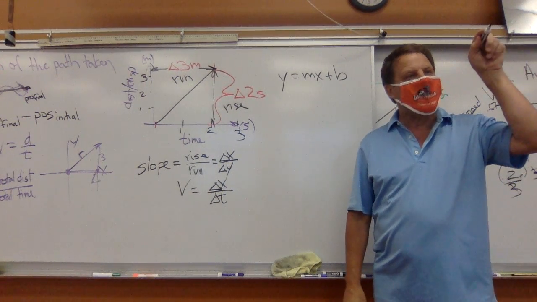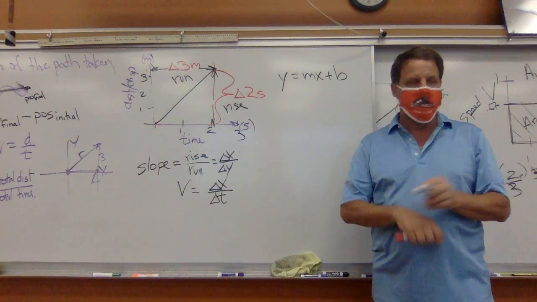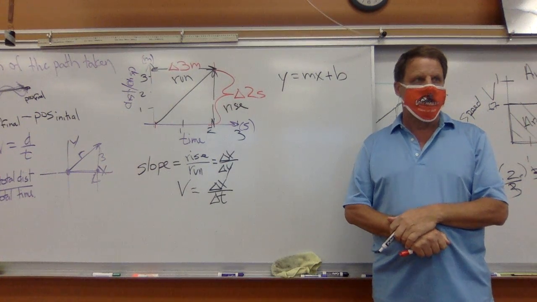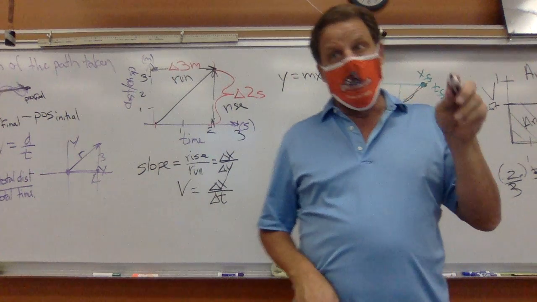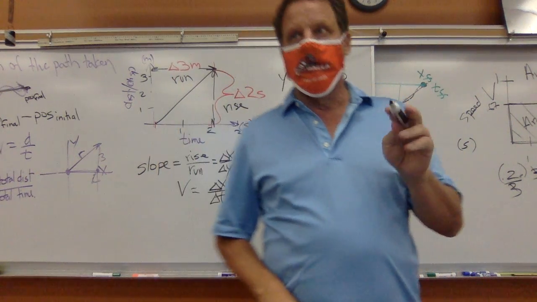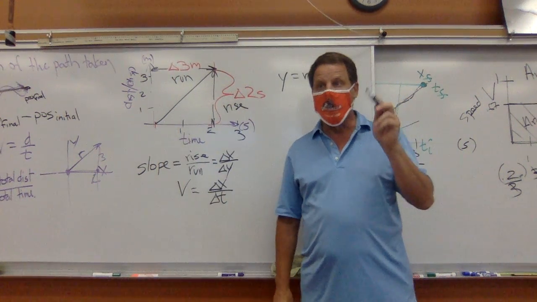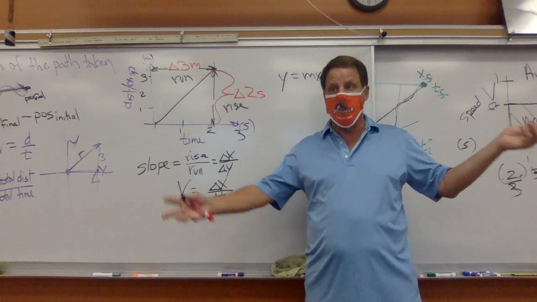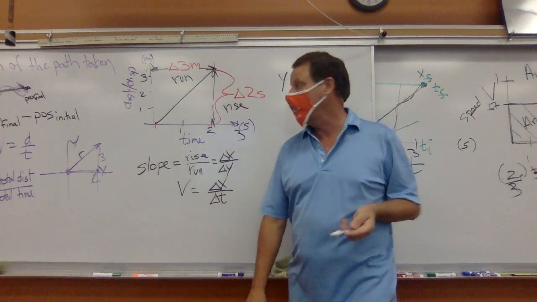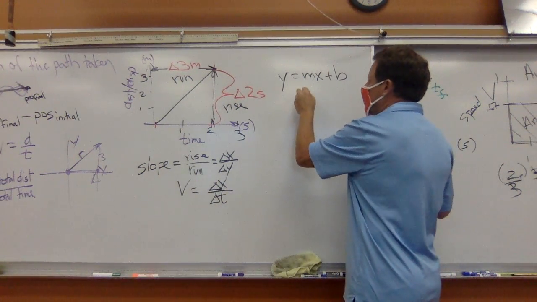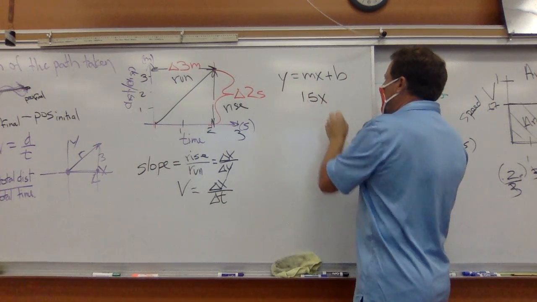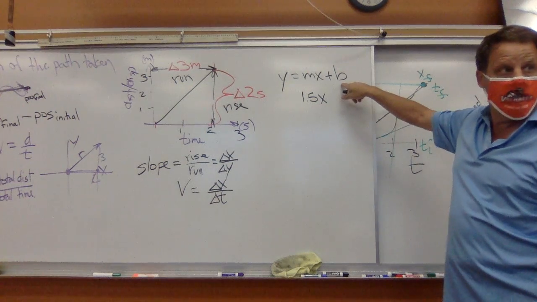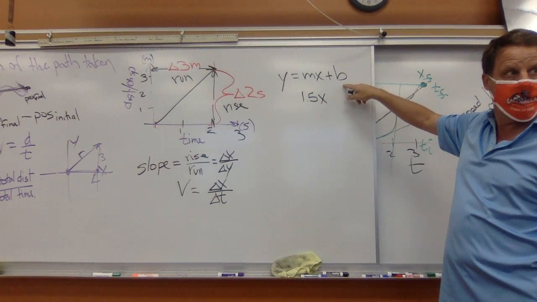It is our velocity, but what is the actual numerical value for that? 3/2. Now, in science, I do not want fractions. I want decimals. So 3/2 is obviously going to be 1.5. So for our example, that's going to be 1.5 x. What is our b here?